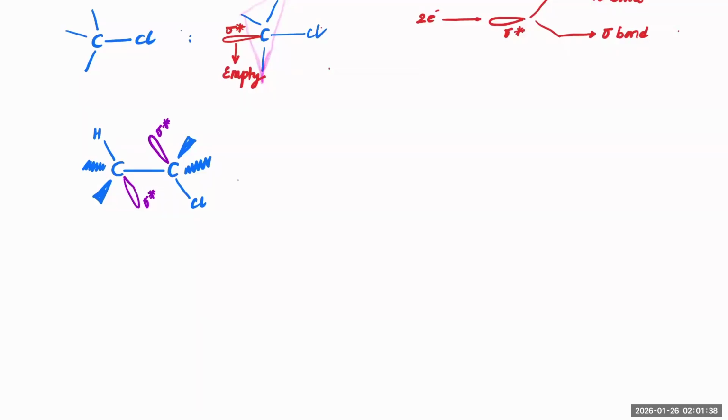Now notice one thing. If chlorine is going from here, suppose if slowly chlorine is moving away. Okay, I'll show you with the motion here. See, if the chlorine is trying to depart, chlorine will always come with the electrons, right? So with the electrons it will leave. So these are the bonded electrons, so it is going away with the bonded electrons. As it moves away with bonded electrons, this will start becoming empty. As it starts becoming empty, you will see that the entire orbital above and below, they will start getting positive charge.